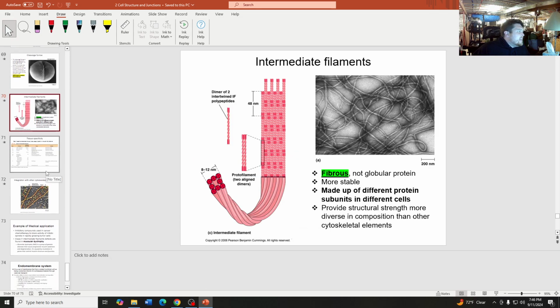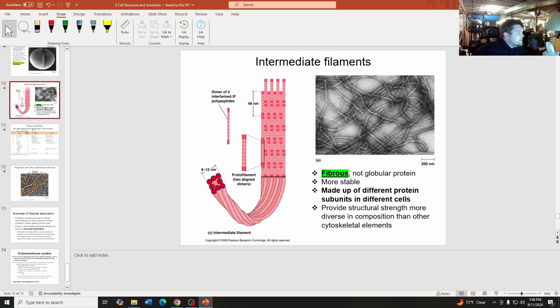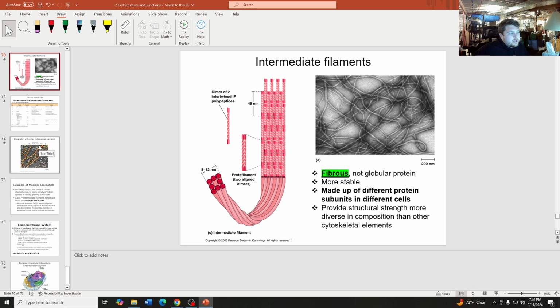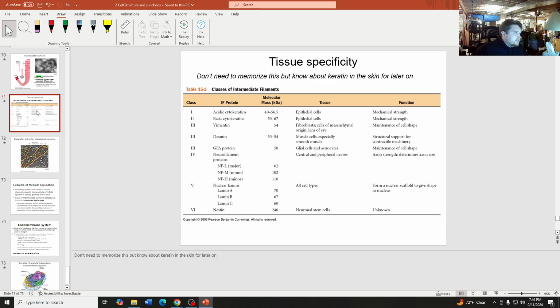Now, intermediate filaments, these are fibrous, not globular proteins. They're more stable, made of a bunch of different protein subunits in different cells. So they're made up of a bunch of different stuff depending on what cell you're actually looking at. Their main job is, again, to provide more of the structural strength in a bunch of different types of cells.